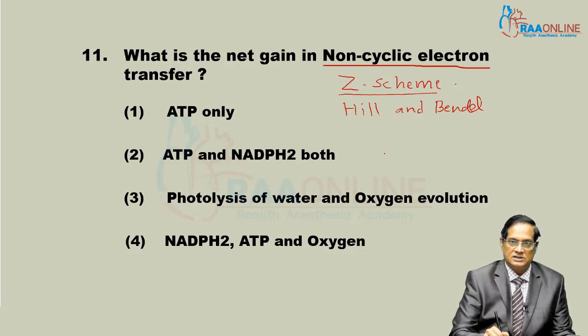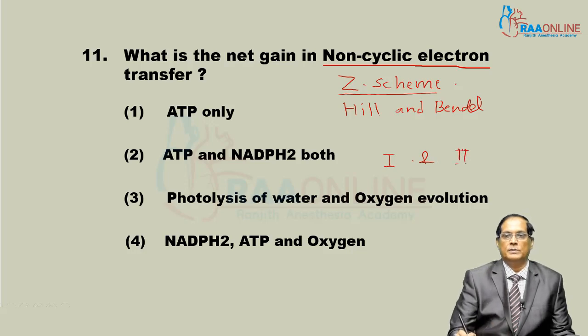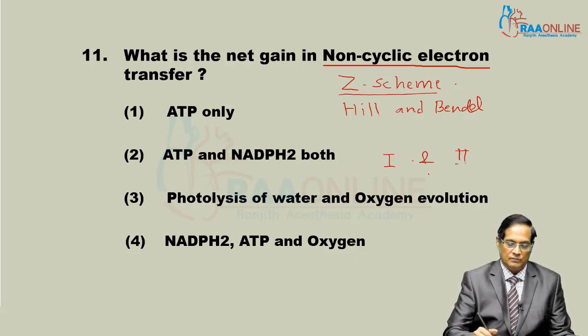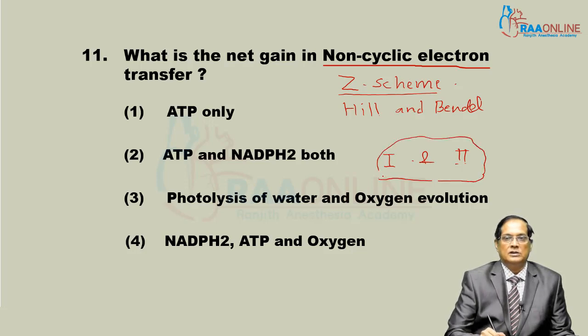In this electron transfer, pigment system 1 and 2 both are involved. Pigment system 1 and pigment system 2 both are involved, then only non-cyclic electron transport takes place.